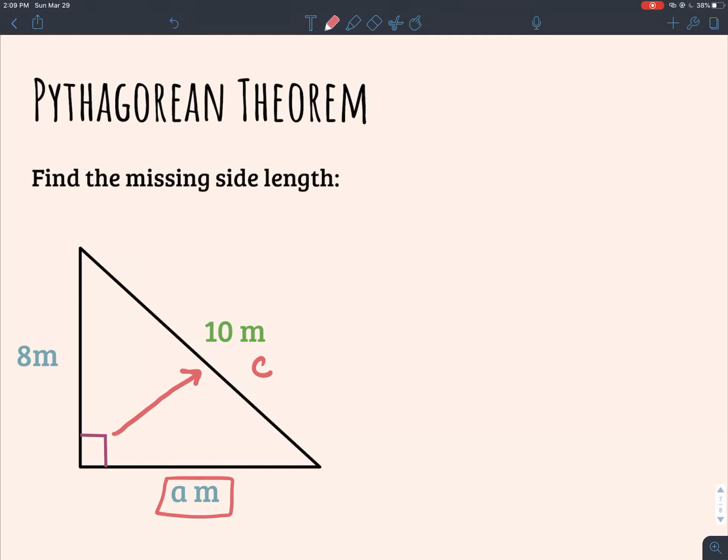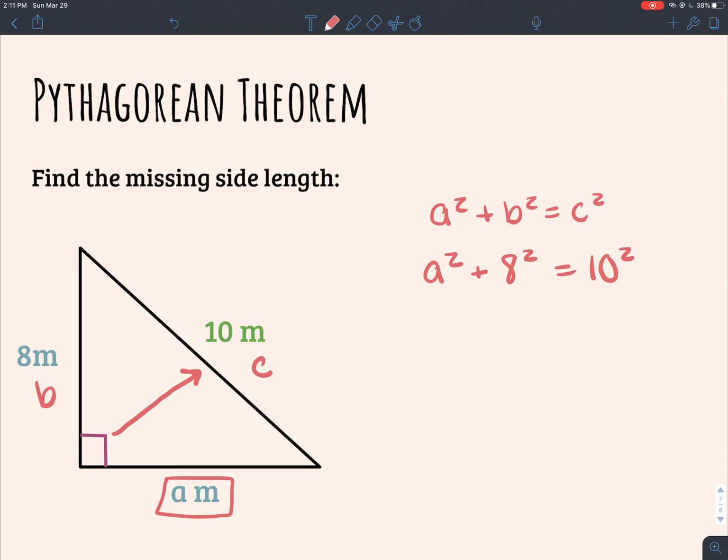This is our C. So that means that 8 is our B. So using the equation, a squared plus b squared is equal to c squared. We don't have a, so a is going to stay the same. Our b value, we're going to say is 8 squared. And then our c value is 10 squared.